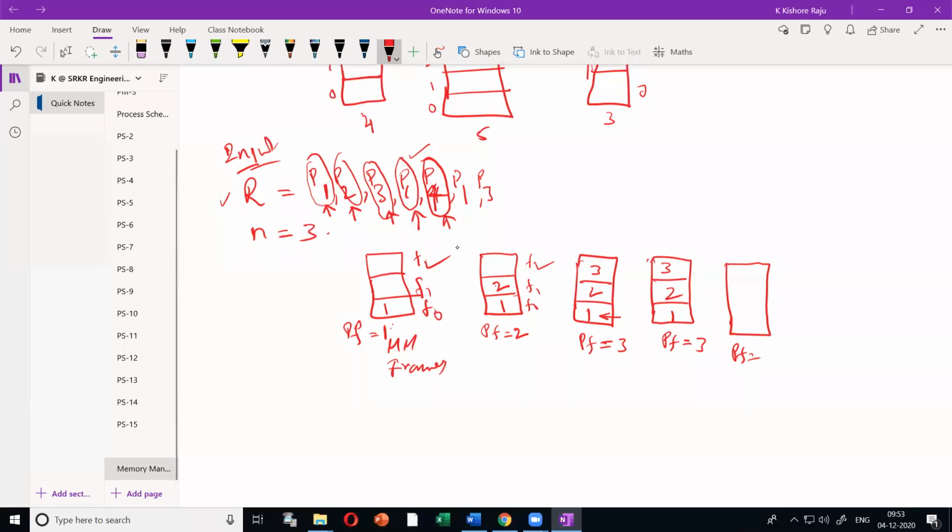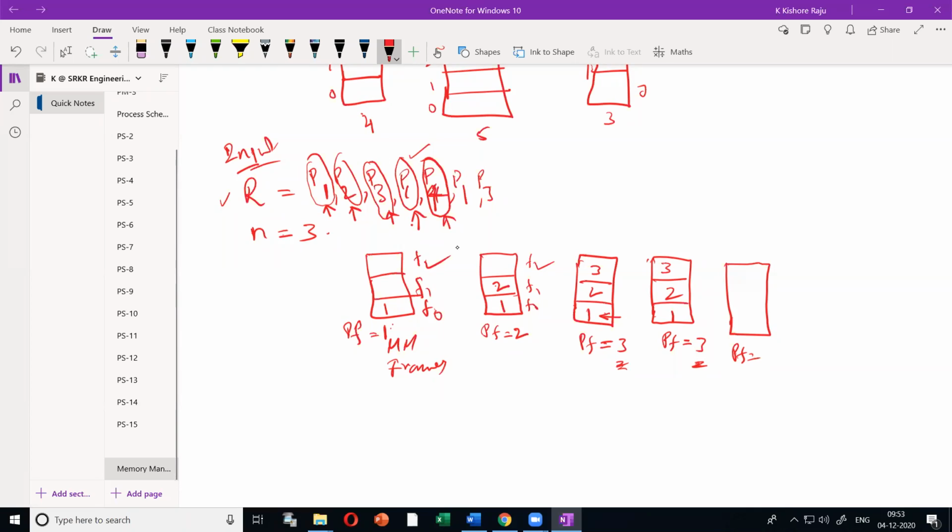No. Then what happens? Is a page fault raised or not? Yes. Earlier, when P1 was requested, it was already inside, so no page fault was raised. The PF is 3 here and 3 here too. It means the page is already there in the frames, so it is used. Is it clear or not?